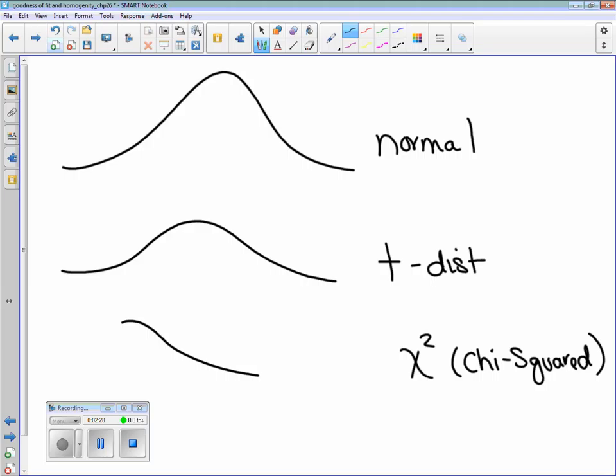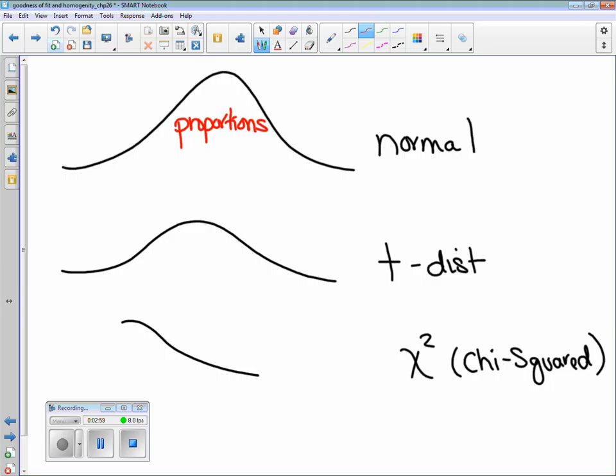They all deal with different types of data as well. If you remember, back early on in inference, I had you ask yourself a question. Are we dealing with proportions or are we dealing with means? So when we talk about normal, is that a proportions question or is that a means question? Normal deals with proportions, okay? One proportion z-test.